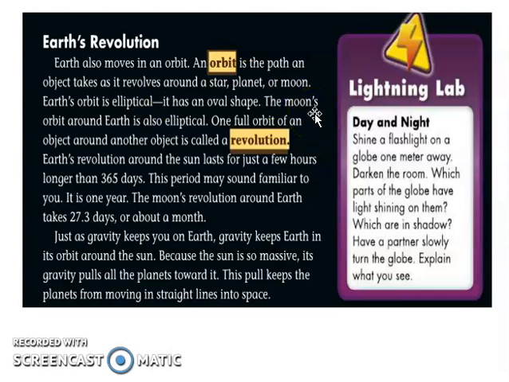The moon also orbits around the Earth, and its orbit is also elliptical. One full orbit is called a revolution. I will repeat, one cycle of a full orbit is called a revolution.